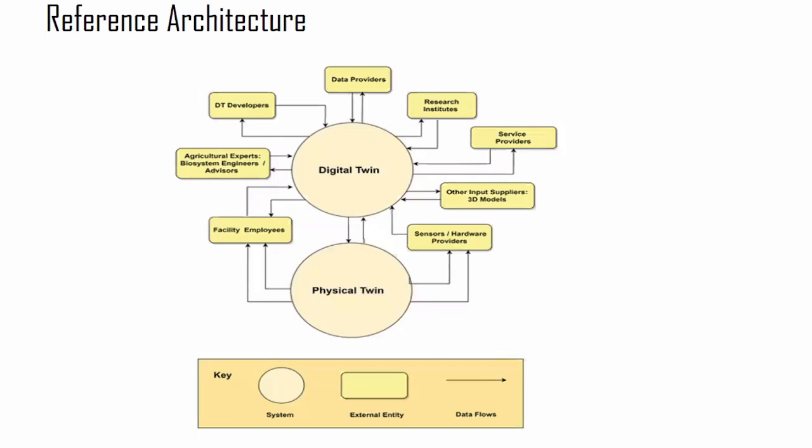Some other vendors or data providers, I mean users, may need data from the digital twin, and they can use this digital twin to get it. Again, developers, biosystem engineers, advisors. Multiple users can interact with the digital twin and get insight from it.